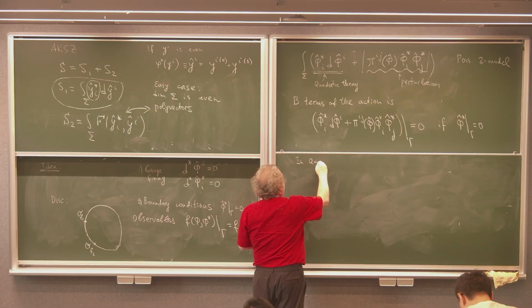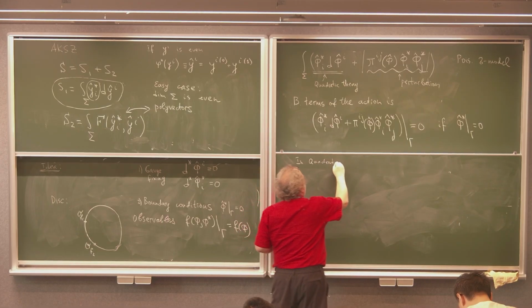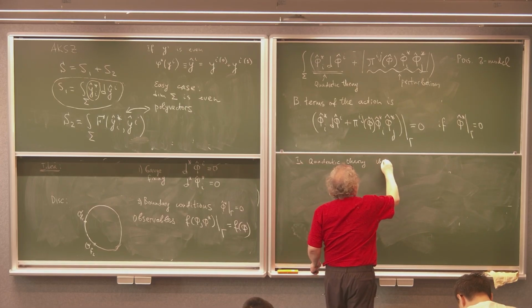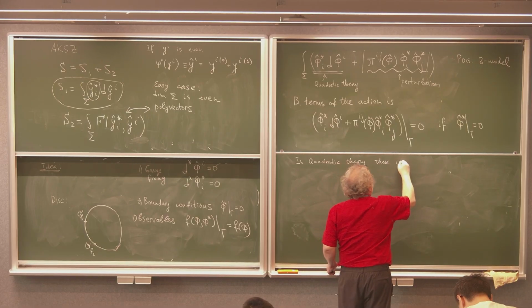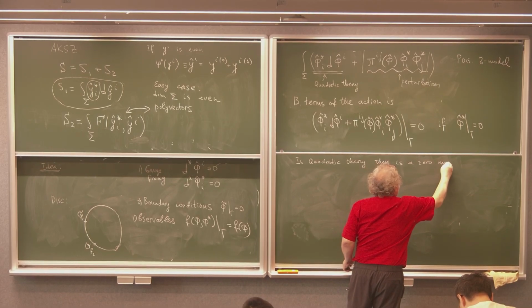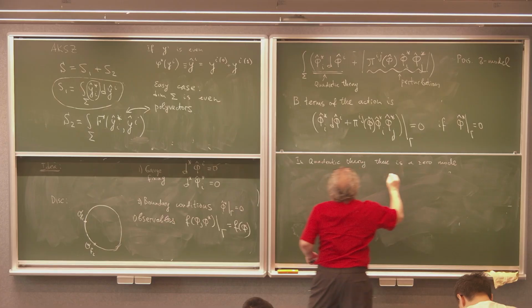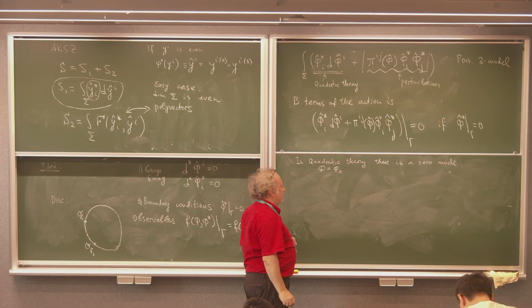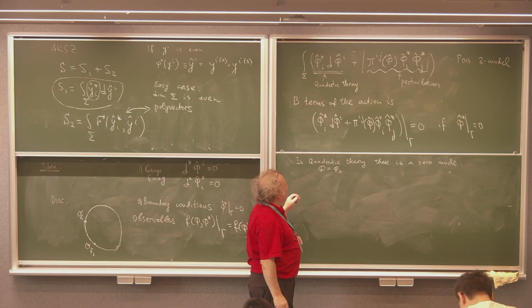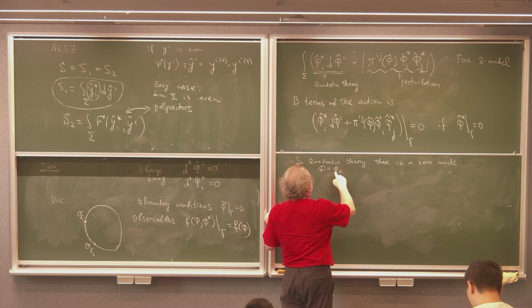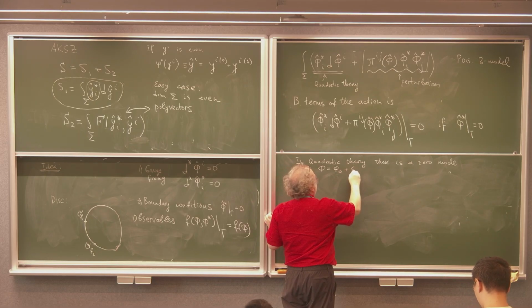In the quadratic theory, there is a zero mode, phi equals phi zero. So we would expand phi as the sum of the zero mode plus psi.